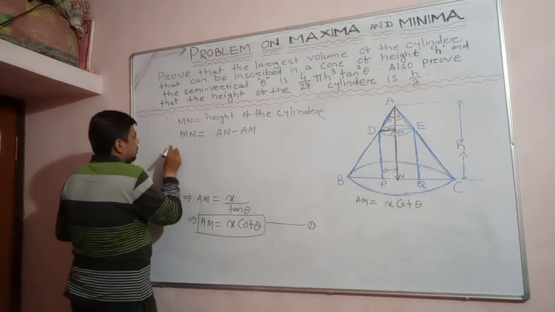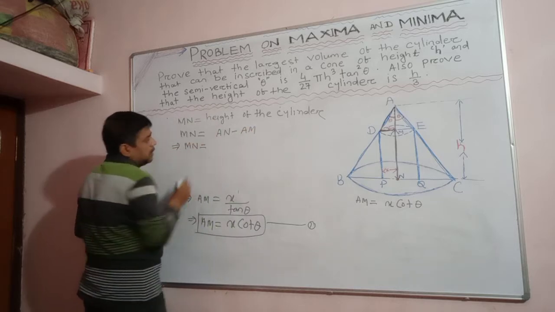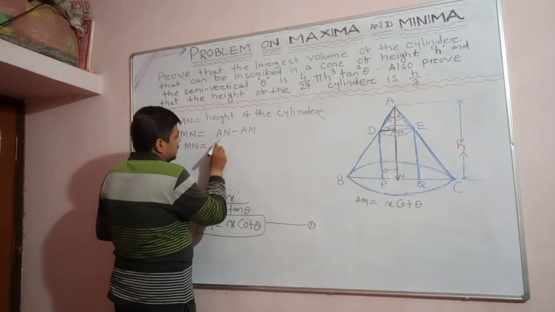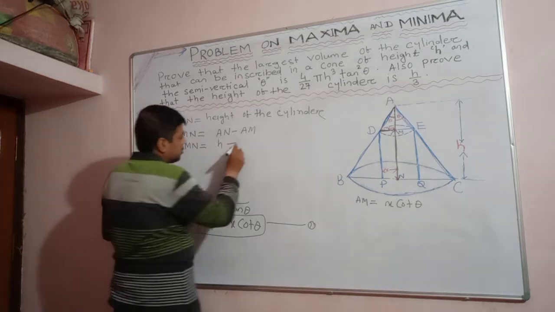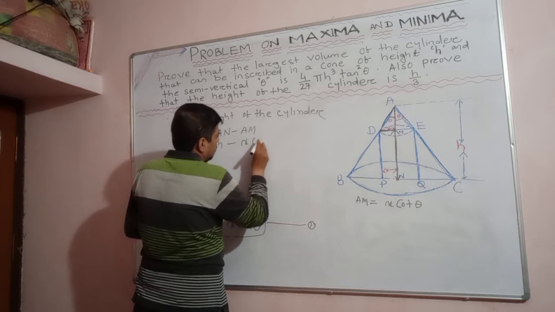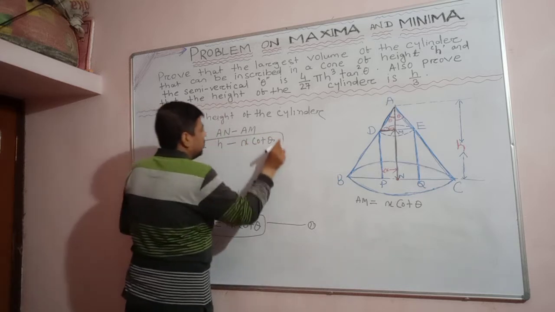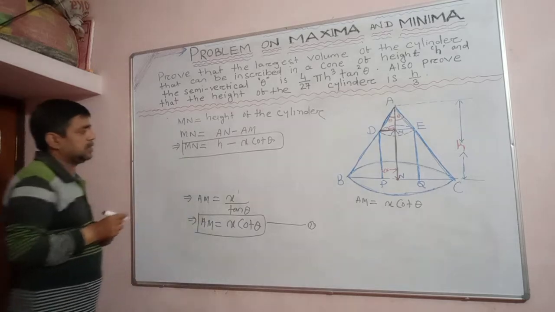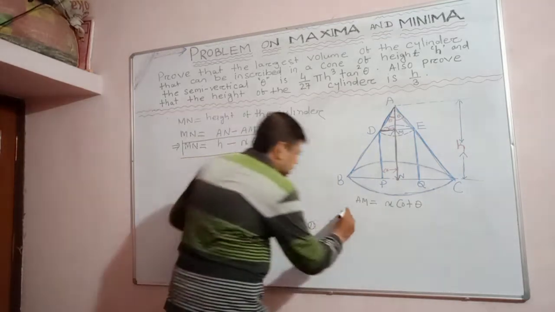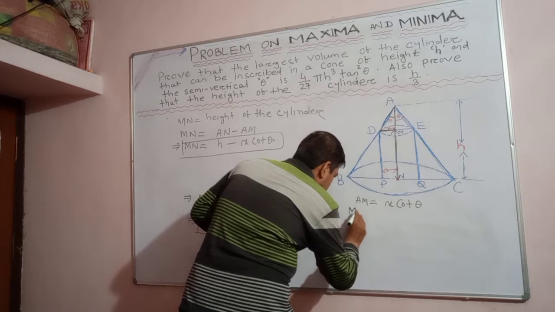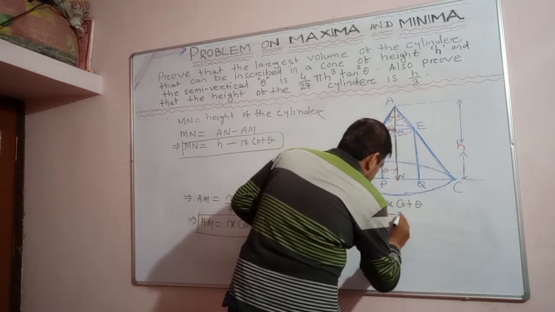So that implies Mn is the height of the cylinder, and An is h, the height of the cone, minus Am, which we already got as x cot theta. So Mn, the height of the cylinder, is h minus x cot theta. Hence write down Mn is equal to h minus x cot theta.